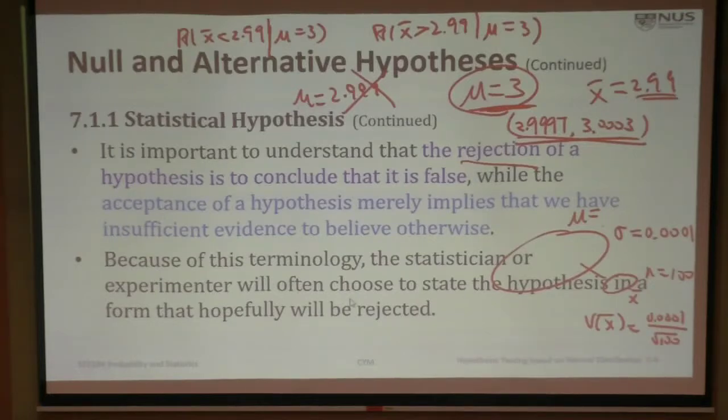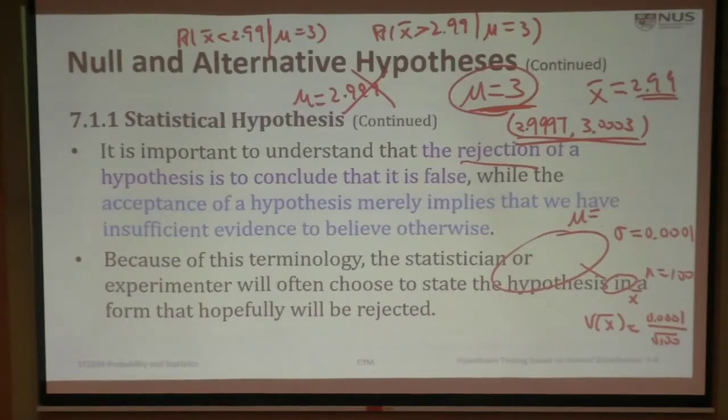Now the problem here is how to set up the hypothesis. Usually, the hypothesis that we set as what we call the null hypothesis is the hypothesis that we believe, or the status quo. The alternative, the other choice, is the one that you want to establish.